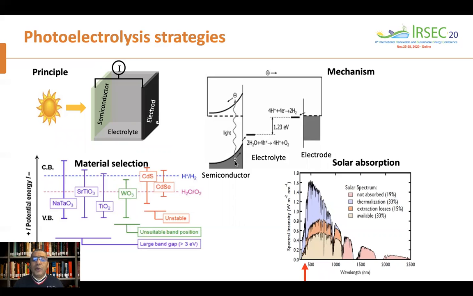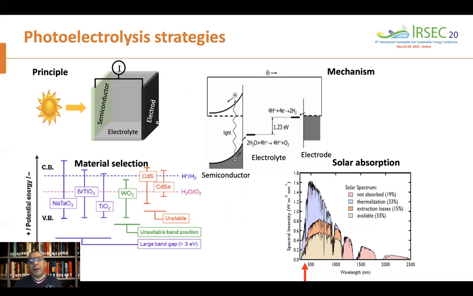On the other hand, the holes remaining in the valence band will have a lack of electrons, so it will be the site of oxidation, and here we will have the oxygen evolution reaction.